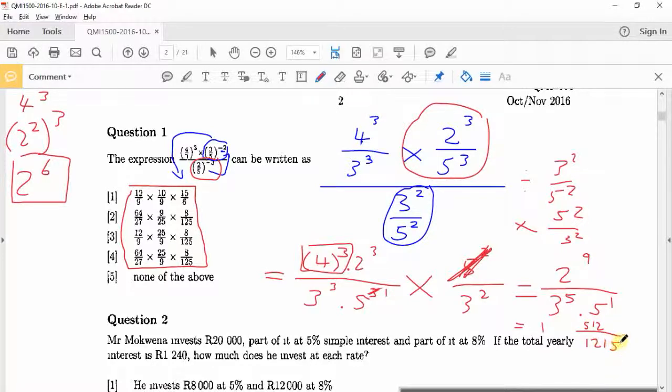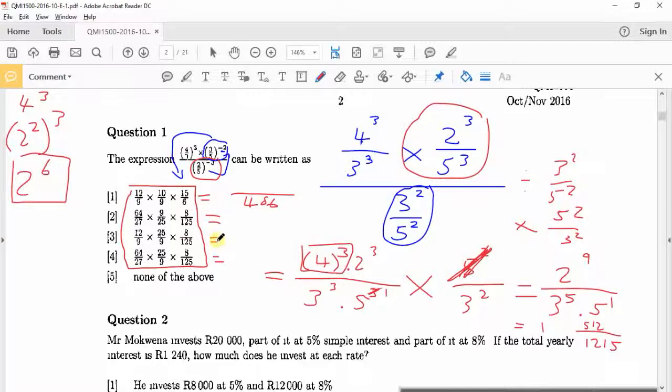Okay, so obviously looking at this, it's difficult. So what you should do is multiply all of these out to get answers. 9 times 9 times 6 gives me 486 in the denominator. That one's out. 27 times 25 times 125 gives me a number that's way out. 9 times 9 times 125 gives you that.